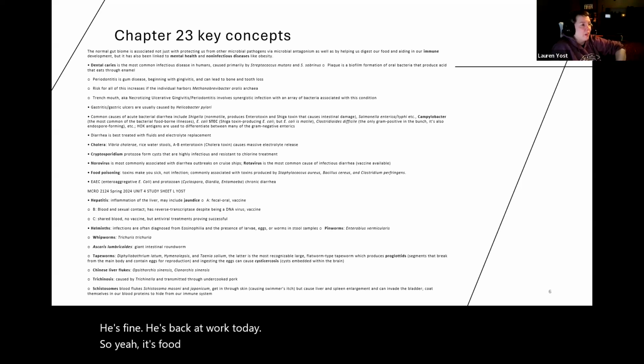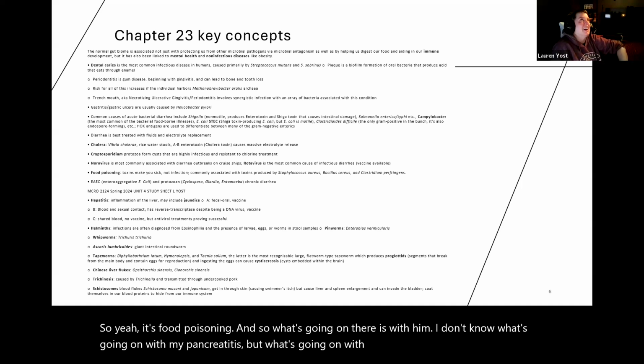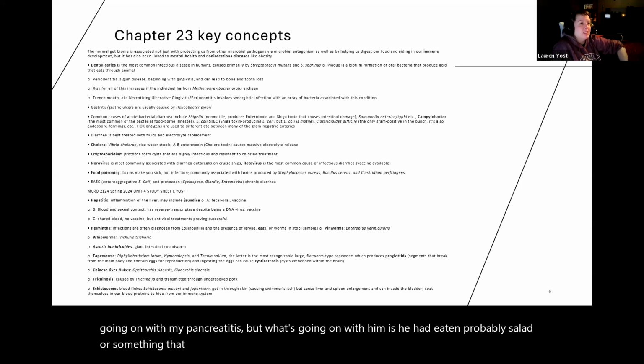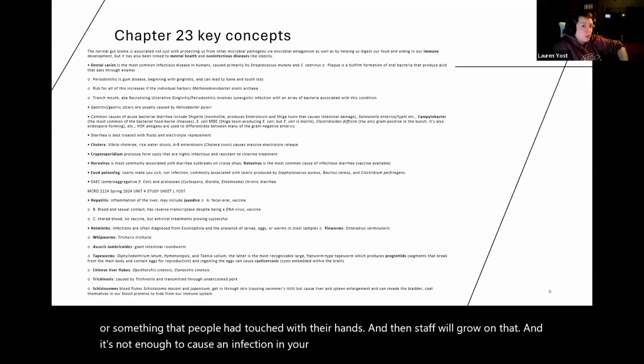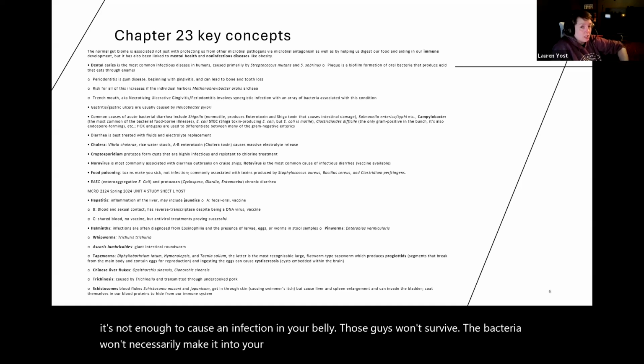I don't know what's going on with my pancreatitis, but what's going on with him is he had eaten probably salad or something that people had touched with their hands, and then staph will grow on that. It's not enough to cause an infection in your belly. Those bacteria won't necessarily make it into your GI tract, but the toxins will.